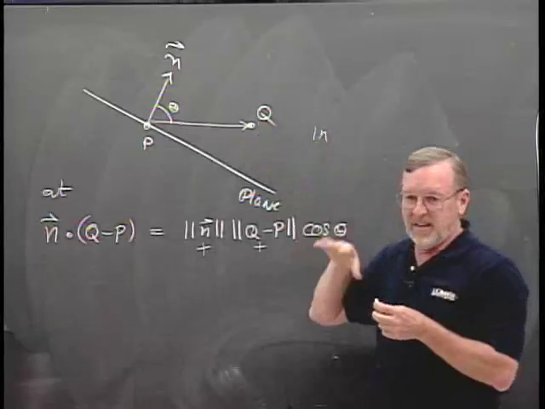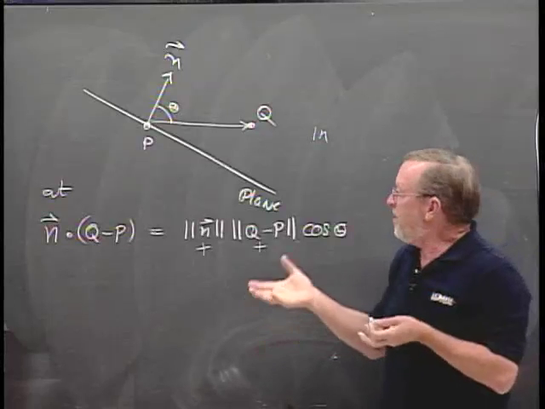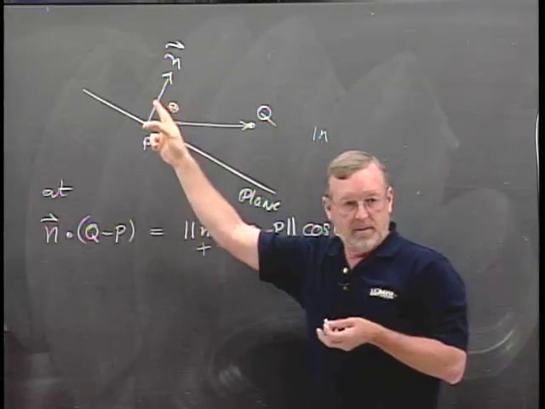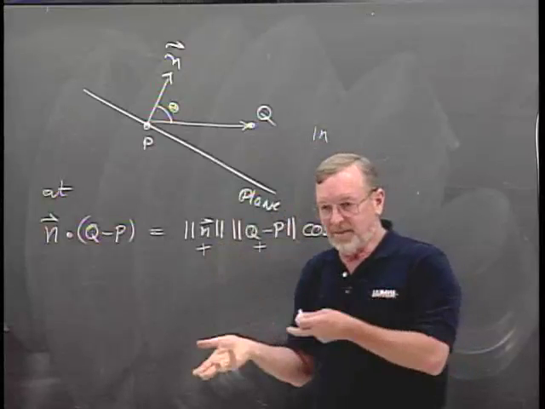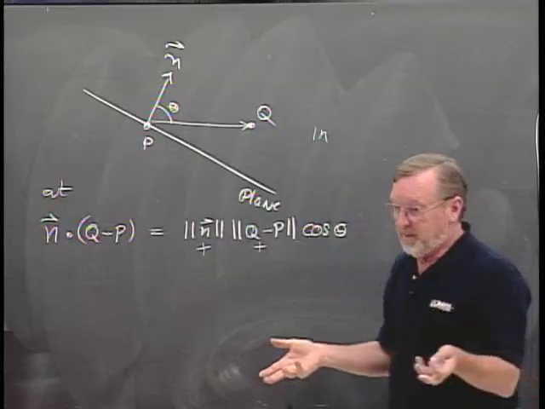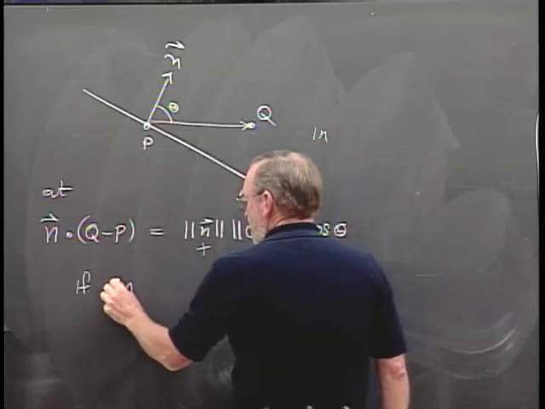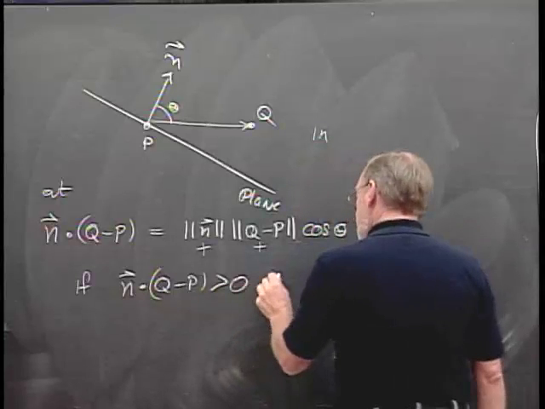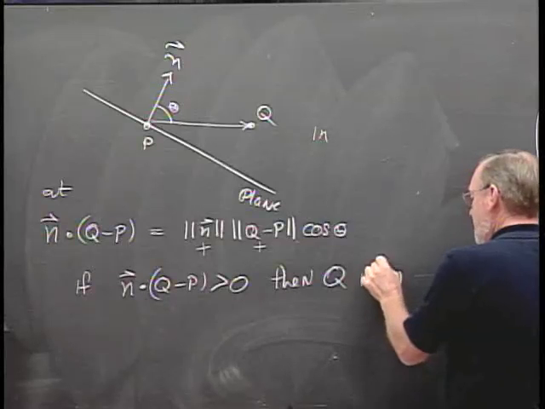Now, if Q is on the inside of the plane, I'm okay, because theta happens to be between 0 and 90 degrees, and the cosine of something between 0 and 90 degrees is positive. And so I can say if n dotted with Q minus P is greater than 0, then Q is in.